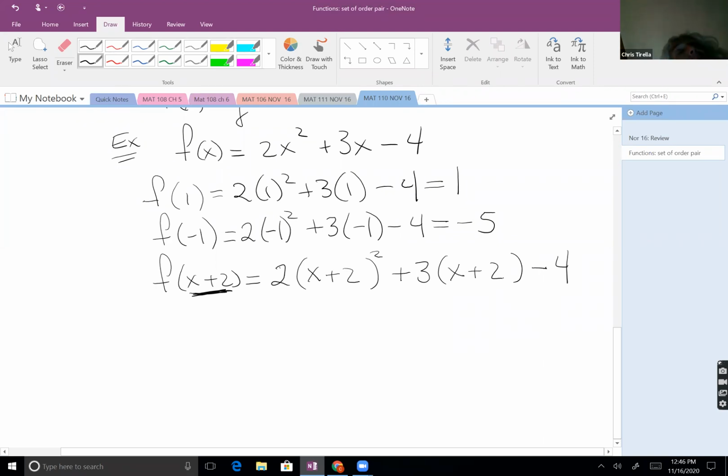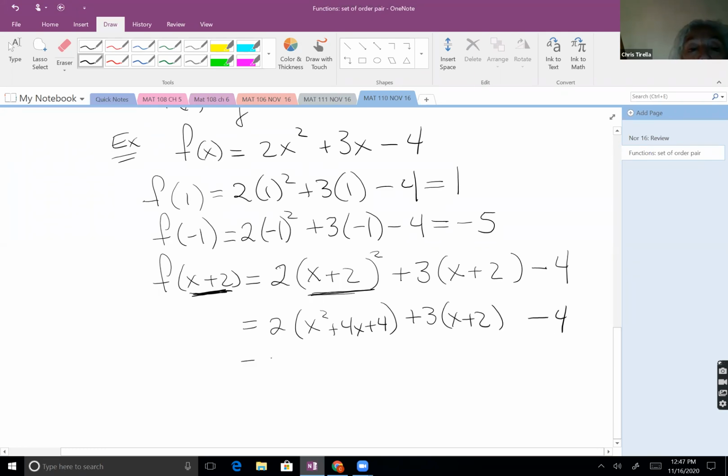And we're using our order of operations. So first we have to square. And remember, when you square a binomial, you multiply it by itself. You should get a trinomial. And so that would multiply out to x squared plus 4x plus 4. And then we have 3 times the x plus 2 minus 4.